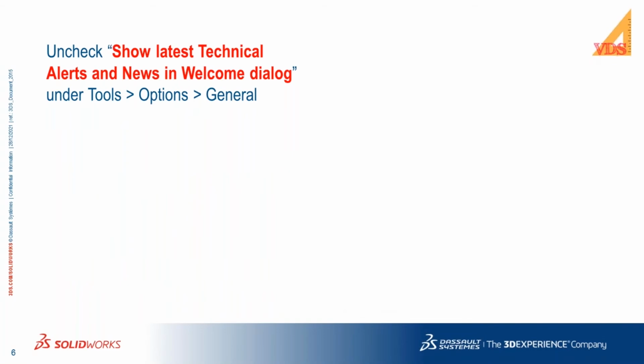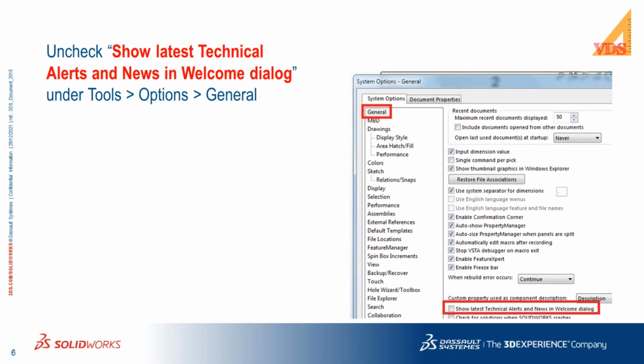Okay, so let's talk about our first option. This option is called Show latest technical alerts and news in the welcome dialog box. Earlier, it used to be on the task pane, which is on your right side, but now it has been moved to the dialog box. You can find this option under Journal.